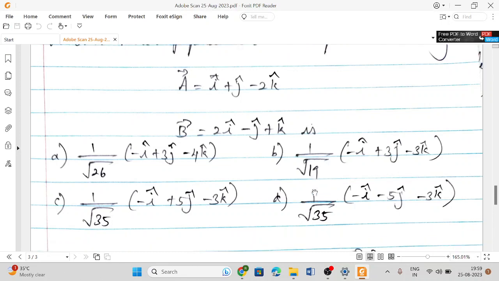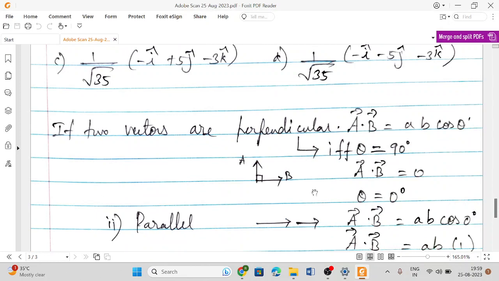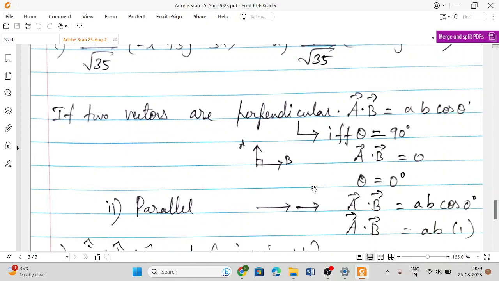Let's understand the idea mathematically. If we have two vectors, we take a dot product, which is a dot b equal to ab cos theta. If two vectors are perpendicular, that means theta is 90 degrees. If we put cos 90, then this term will become 0.